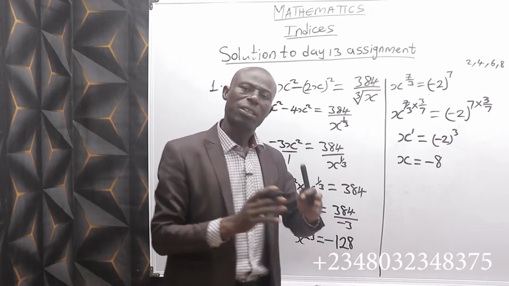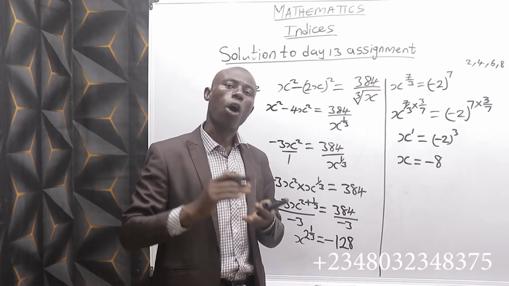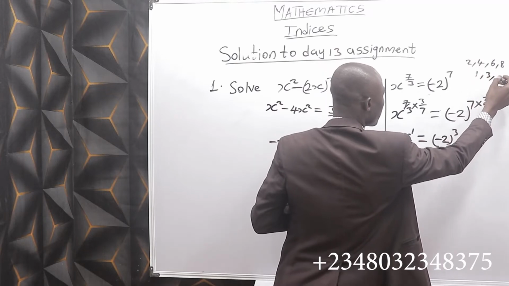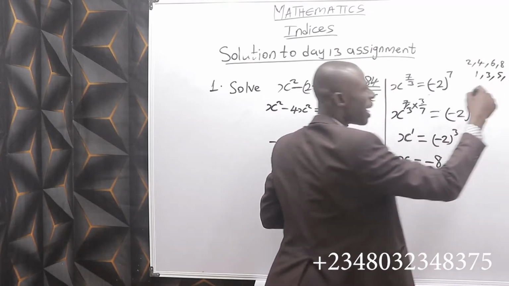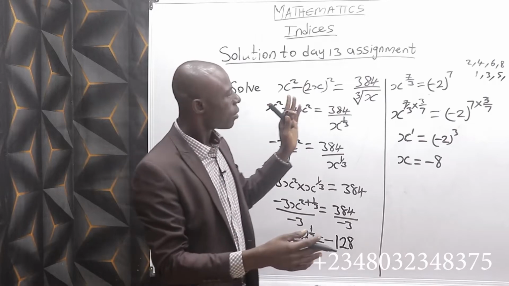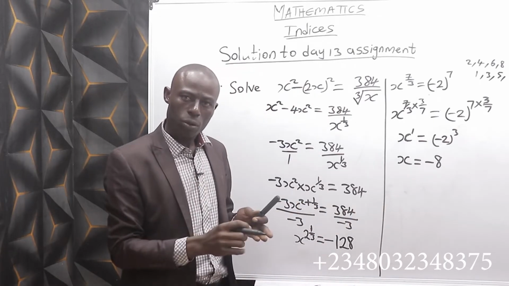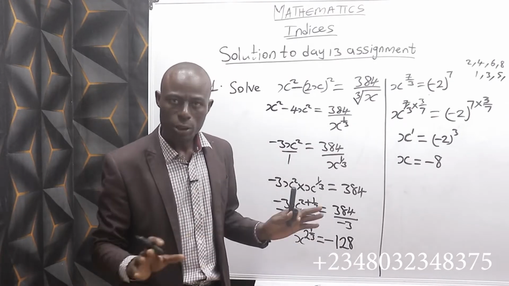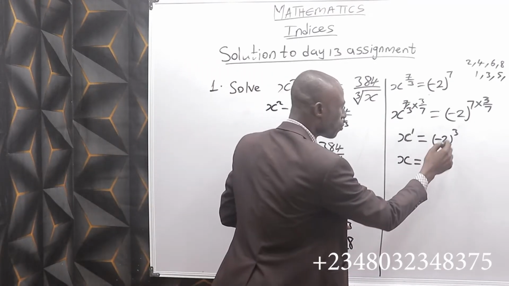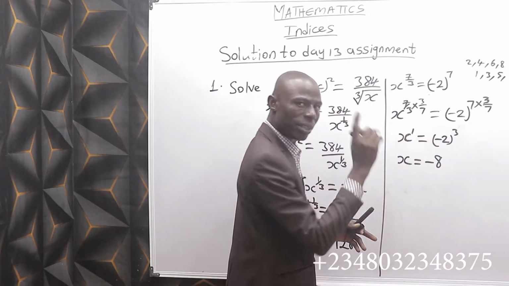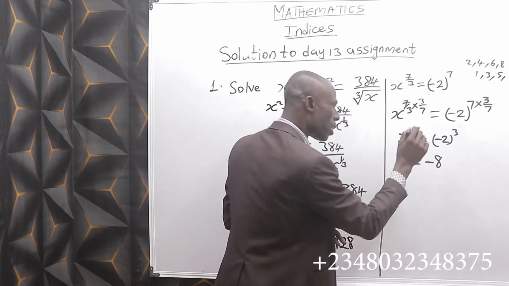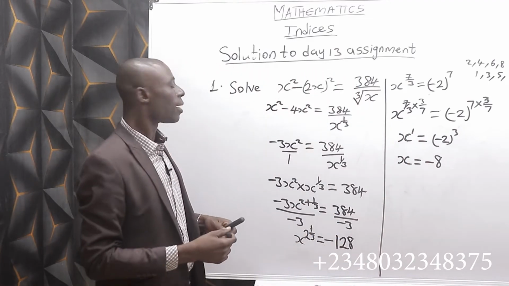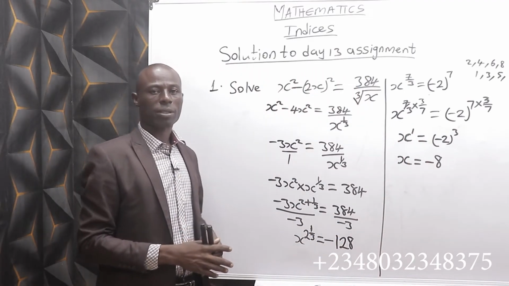But when a negative value is raised in odd power like power 1, power 3, power 5, power 7, and so forth, such negative value will give us negative at the end of the day. That is why negative 2 raised in power 3, which is an odd power, gives us negative 8 back. And that is the end of question 1 in the assignment.